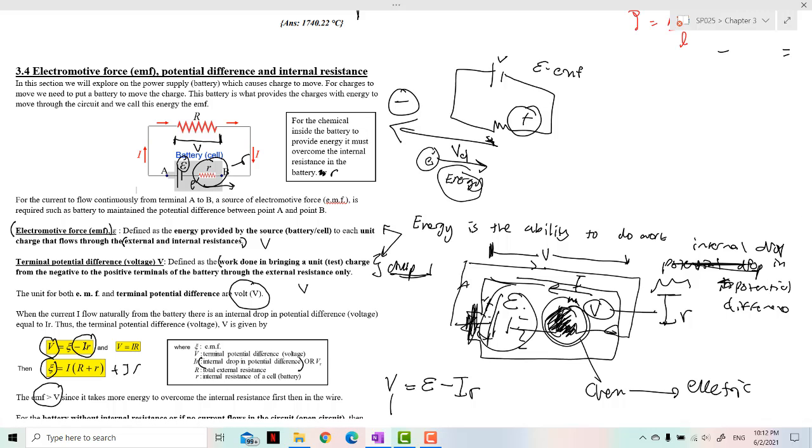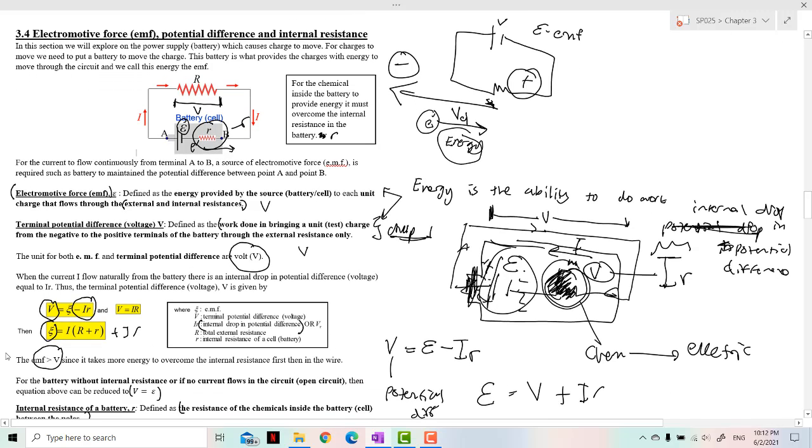When we talk about the terminal potential, we do not consider the internal resistance. And the EMF is usually bigger than the terminal potential because it contains the internal drop Ir, whereas the volt V tu kita dah tolak sekali dengan Ir.